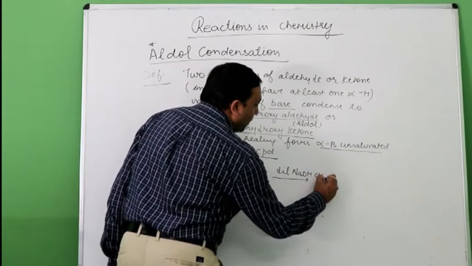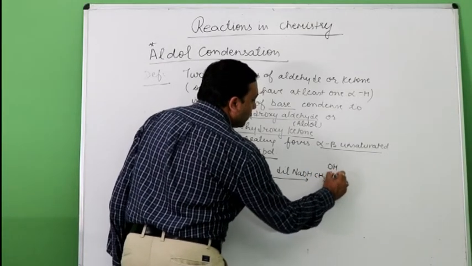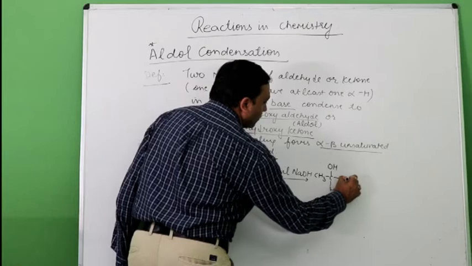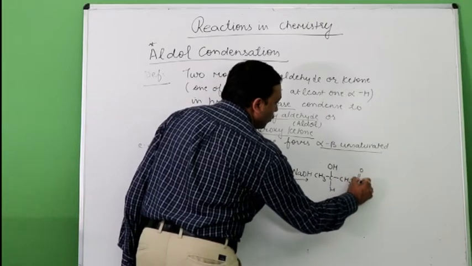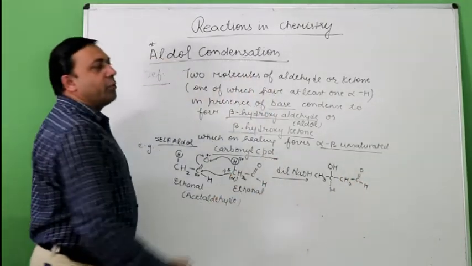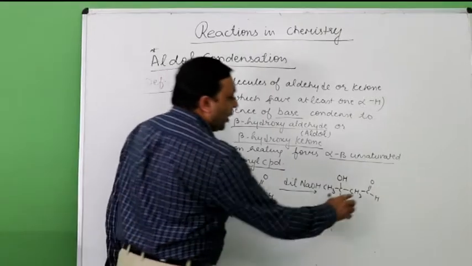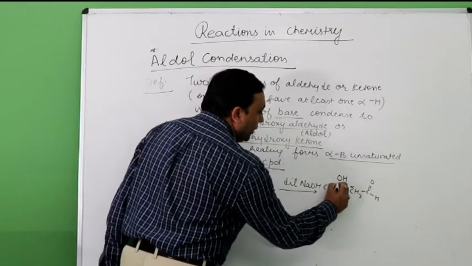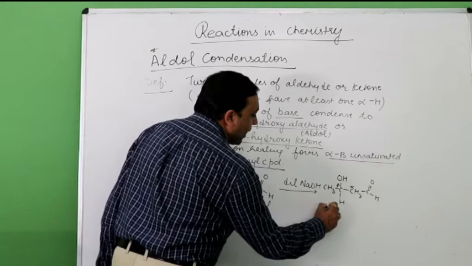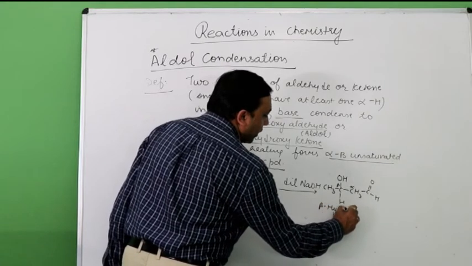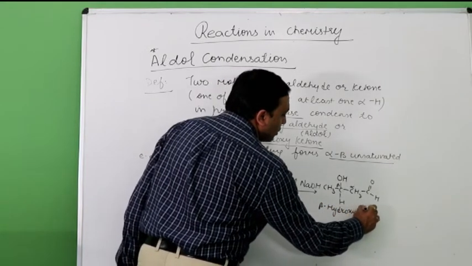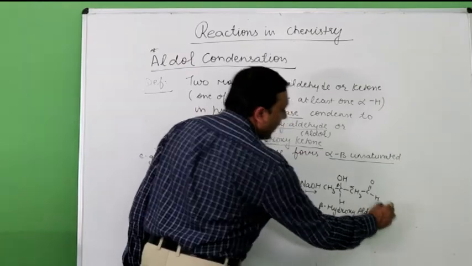When these two molecules condense, they form a molecule that is beta hydroxy aldehyde.